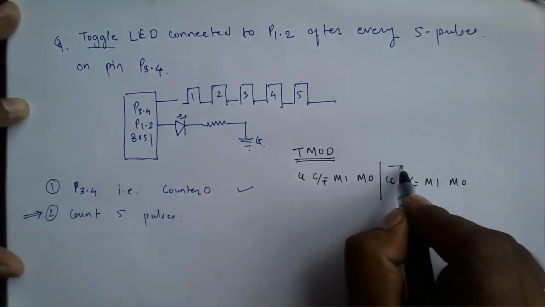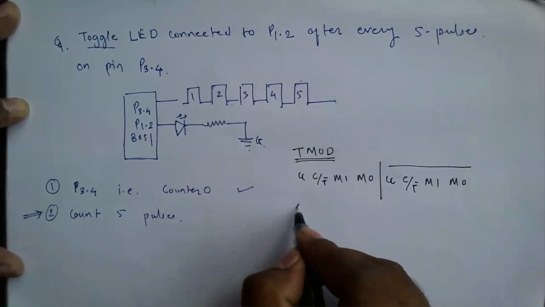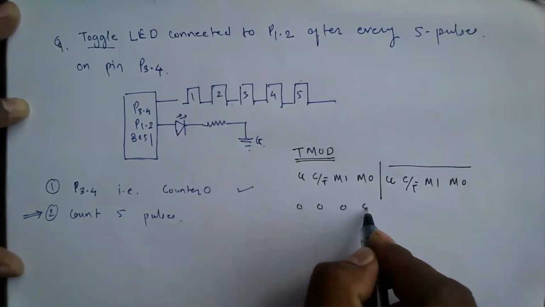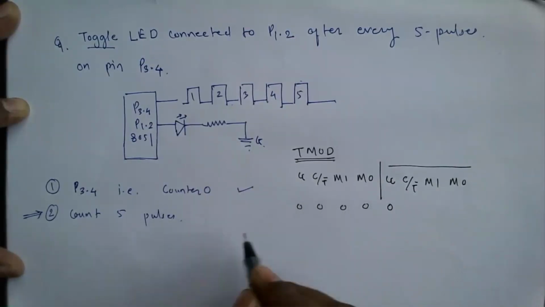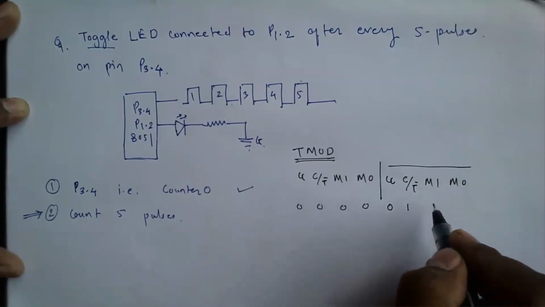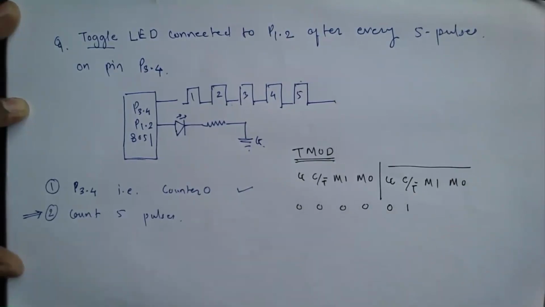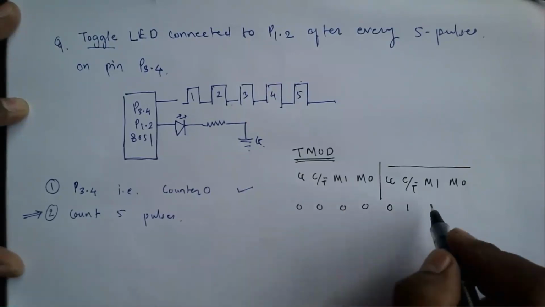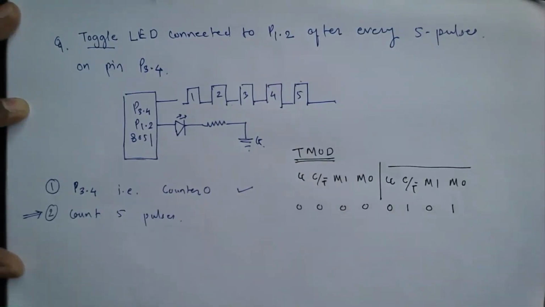We are using counter 0 तो हमें इस बिट से मतलब है. These are all set to 0. Gate will be 0. हमें counter यूज करना है तो 1. मोड कौन सा यूज करना है हमें? Now either you can use mode 2 or mode 1. So let's go with mode 1.